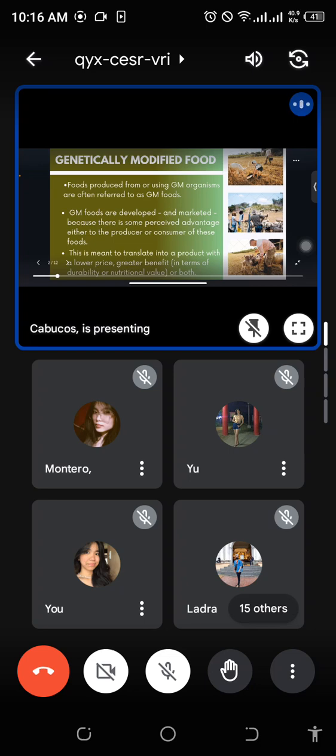So what did our scientists do? The scientists sought to solve this problem. They came up with a genetically modified crop, which is the golden rice. If you are familiar with that, the golden rice that the farmers are sowing is actually more immune, and can survive drought and even weather such as heavy rainfalls.